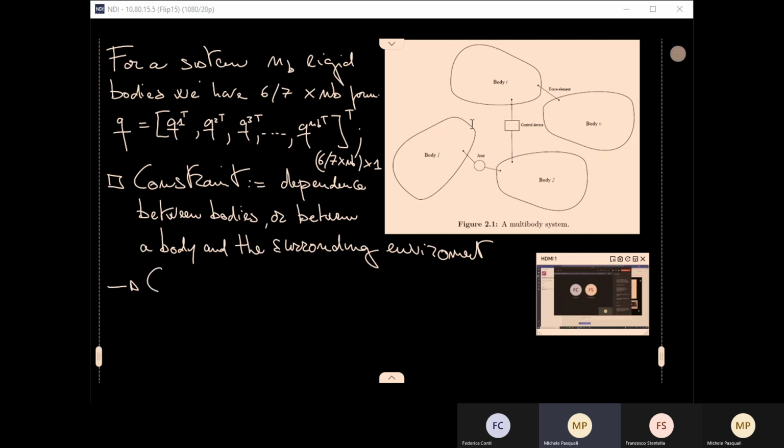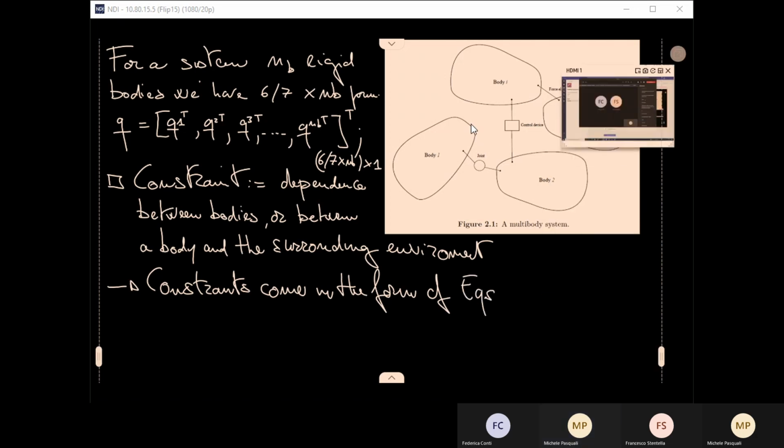So a constraint is a very important aspect. Constraints come in the form of equations in the Qs. Okay.